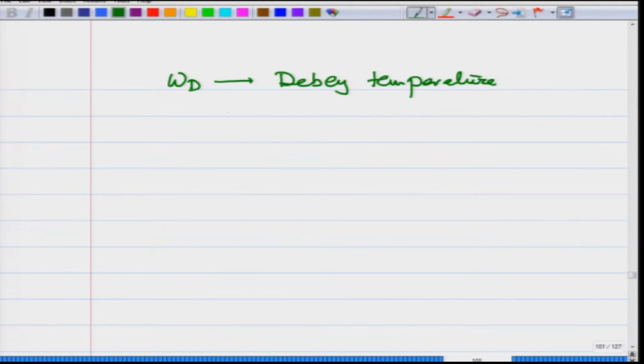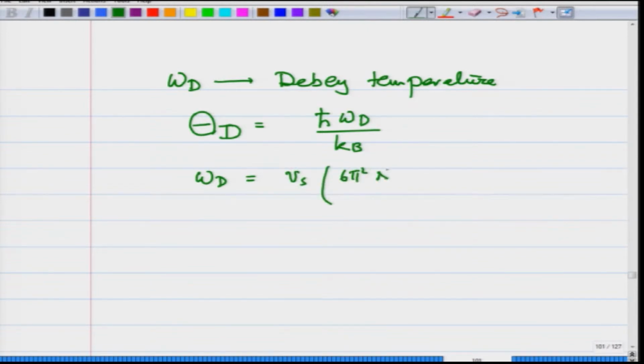So, the Debye temperature, let me call it θ_D, is going to be equal to ħω_D over k_B. ω_D is equal to v_s times 6π² N over V raised to 1/3. N over V is the density of atoms. So, if I substitute the numbers, v_s is of the order of 1000.